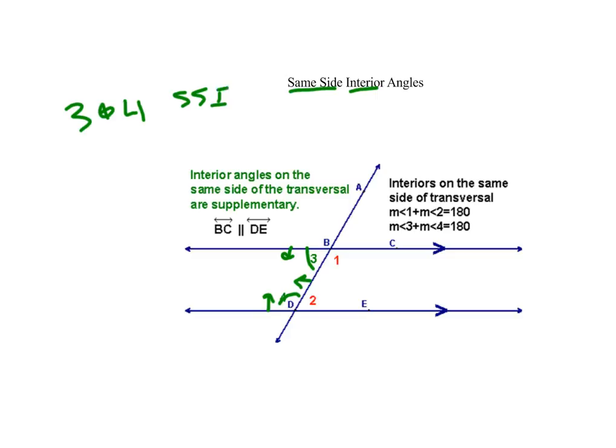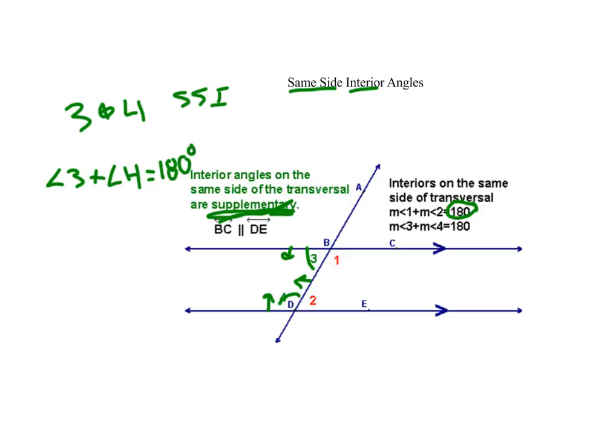That tells us that they are supplementary, which is a geometry vocab word, buzzword. All that means is that those angles add up to 180 degrees. So angle 3 plus angle 4 is equal to 180 degrees.